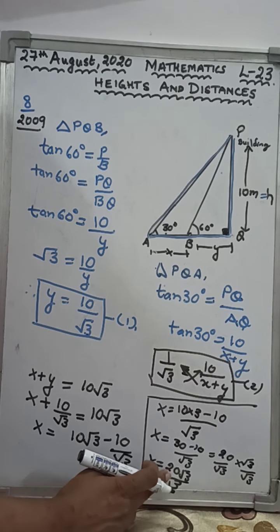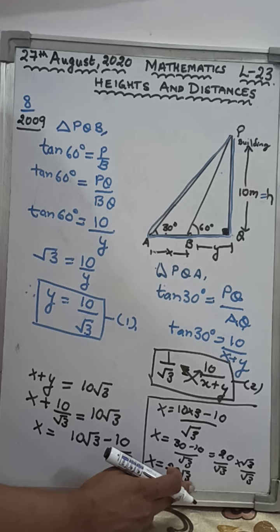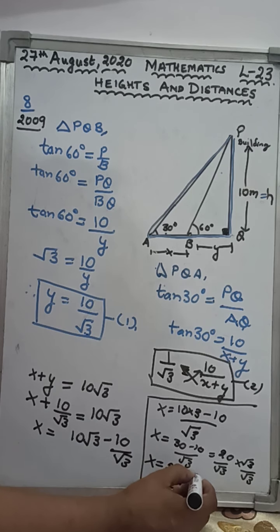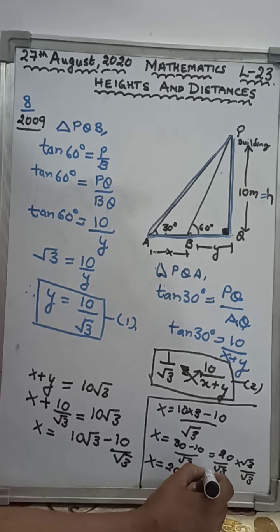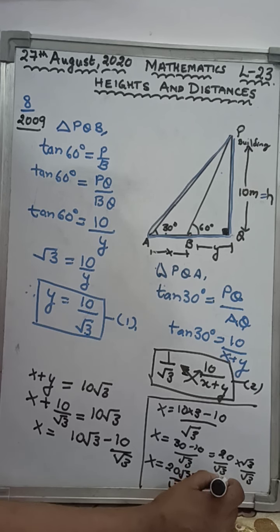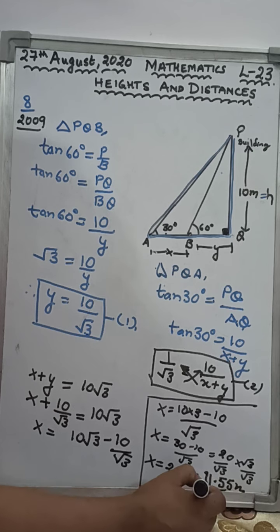You will put the value of root 3. Clear? So if you multiply 20 into 1.732, this will come out to be 11.55 meter. So this is your answer.